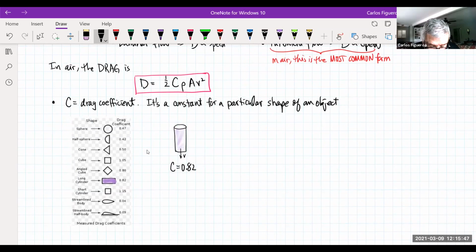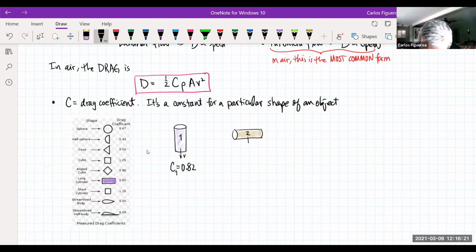Now, I can change the direction of this cylinder. I could take a cylinder that maybe looks like this instead. Let's call this cylinder number 1, and let's call that one cylinder number 2.